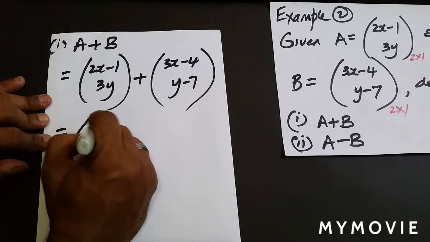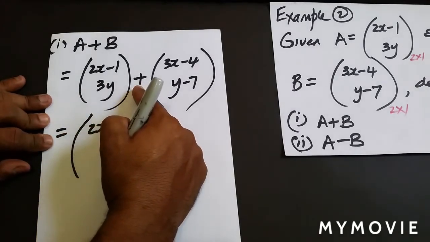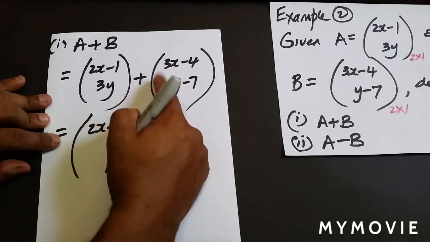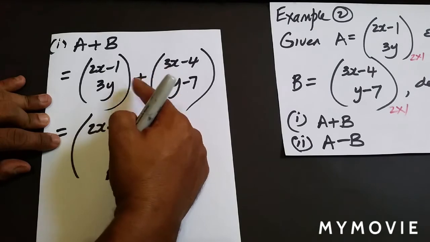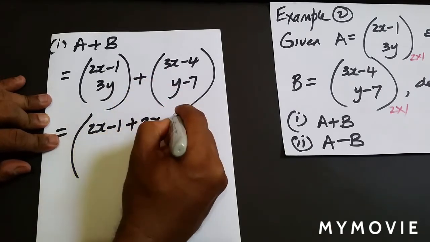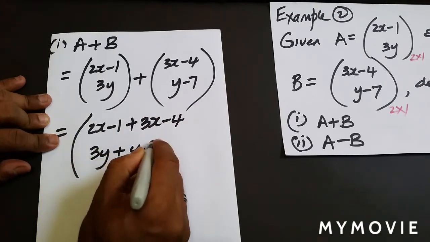So this would simply be 2x minus 1, and because it's addition, I can get away with a lot. I don't have to put these in brackets here, but for practice you can. So it's plus 3x minus 4, and then 3y plus y minus 7.